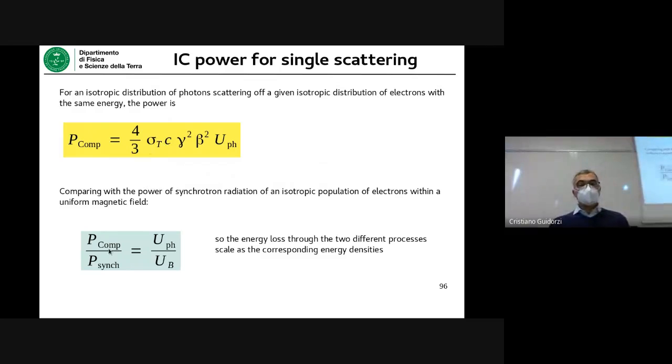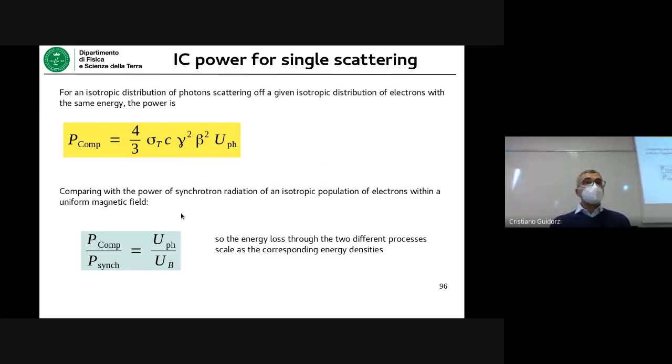So if you work out the ratio between the two sources of power, you immediately see that they scale in the very same way, and in particular they are proportional to the corresponding energy density.